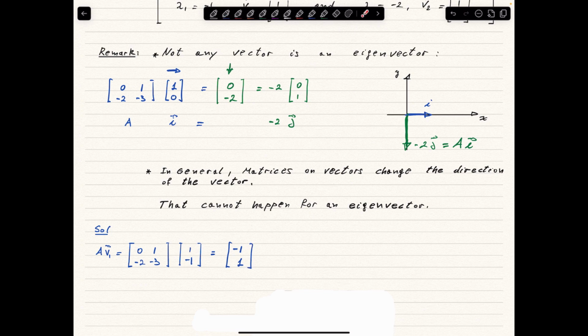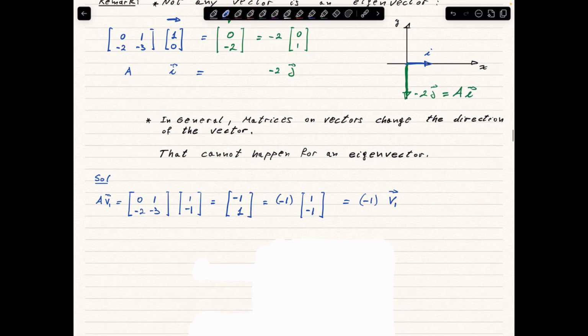Well, this is not the same vector, but notice that we can pull a common factor negative 1 outside, and then here we get 1, negative 1, which is the same vector we started with. So what we get here is negative 1 times the vector v1.